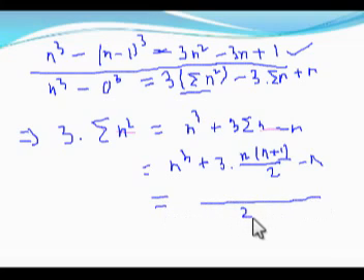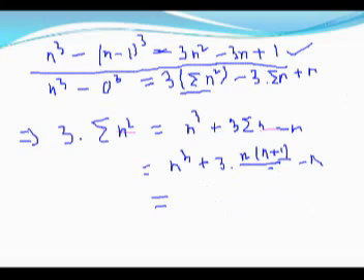Then we add all this and we get 2n cube over 2. We take n common, a much easier form.